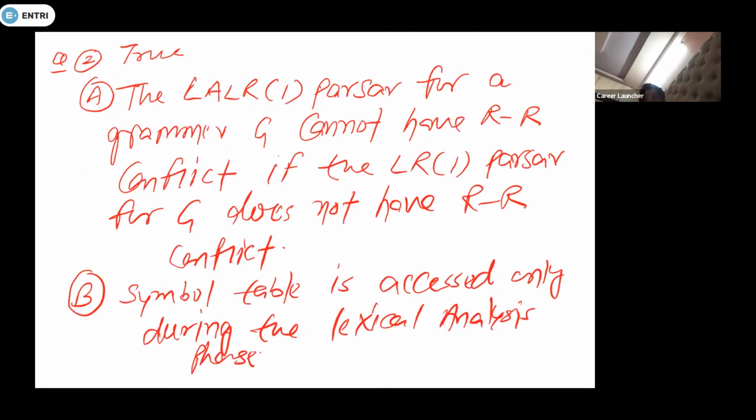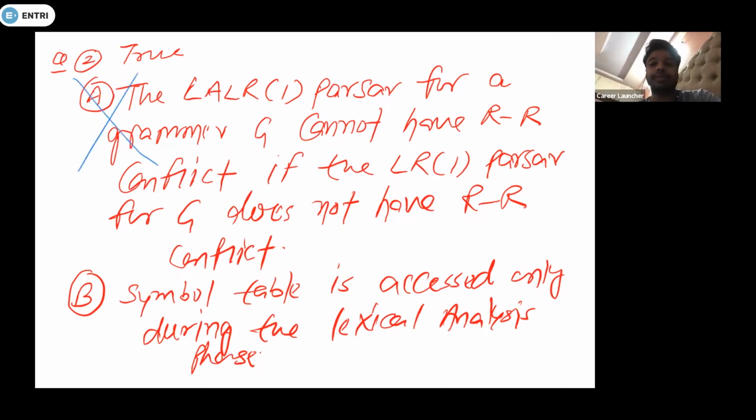The LALR1 parser for a grammar G cannot have RR conflict if the LR1 parser for G does not have RR conflict. Not necessarily, it's a false one. If the LR1 parser does not have RR conflict, then after merging there may be an LALR1 parser having RR conflict. So the option is definitely wrong.